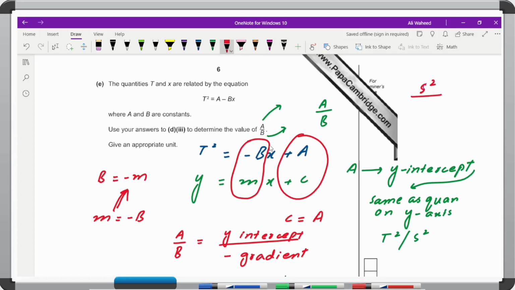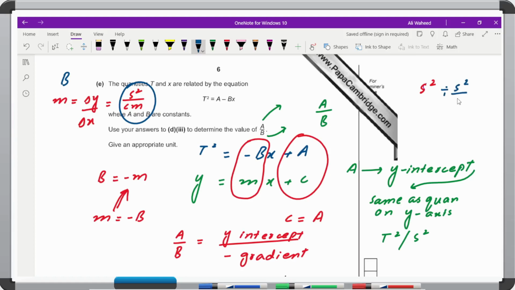divided by the unit of b. Now what is the unit of b? b was your gradient. So gradient equals delta y over delta x, which is the unit of whatever the quantity is on y-axis divided by whatever the unit is for the quantity on x-axis. Okay, so let me just write it this way for your convenience. So you have the unit of a as second square and the unit of b would be second square divided by centimeter.